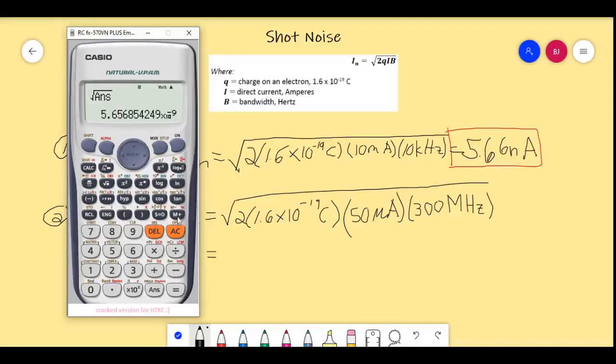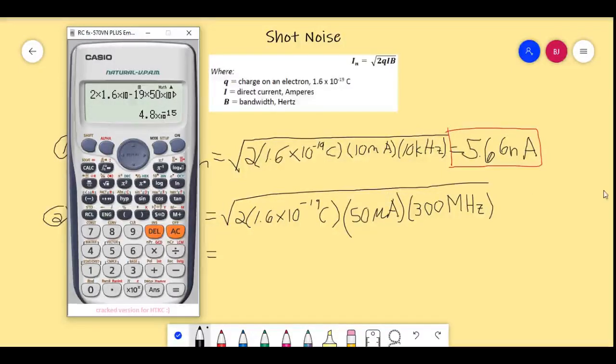Calculator ready? So 2 multiplied by 1.6, 1.6 exponent negative 19, times 50 micro, 50 exponent micro is of course negative 6, multiplied by 300 mega, 300 mega is positive 6, and then the answer is 4.8 times 10 to the negative 15.